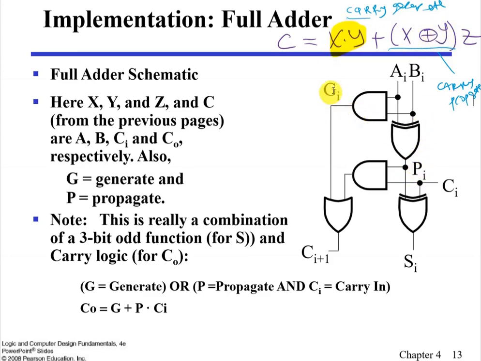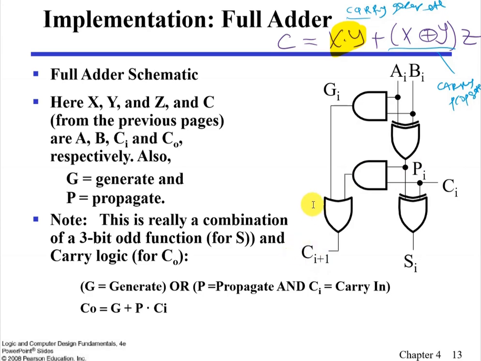Well, the first term, carry generate, is a function which specifies the condition when the full adder can generate, or will generate, a carry corresponding to its input. So it will generate a carry.